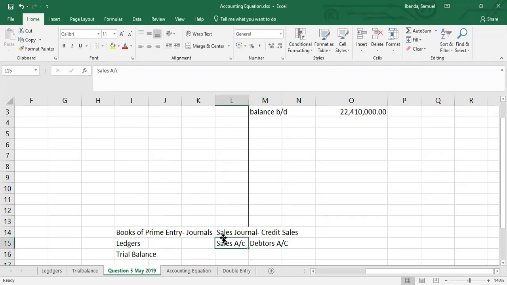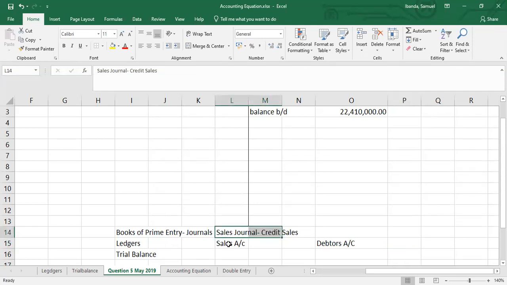So it means that if the error was made at the sales journal level, where we undercast by 6.5, even the values we transferred into each of these accounts were less by 6.5. Remember, the error was made at this level.